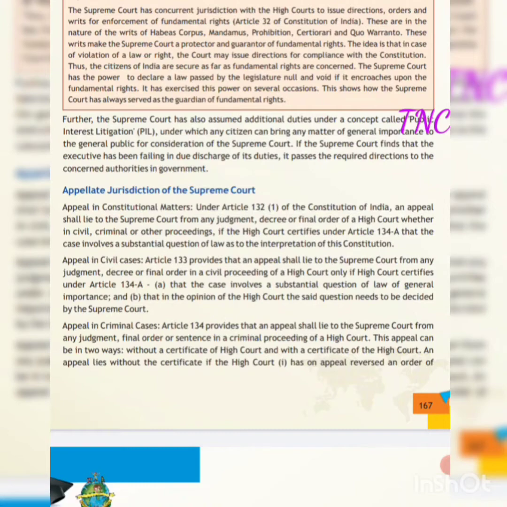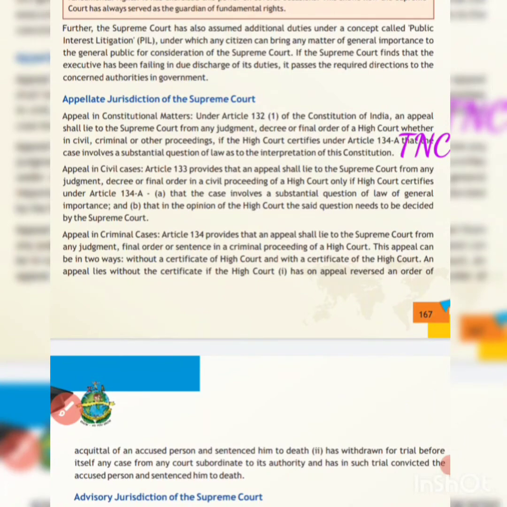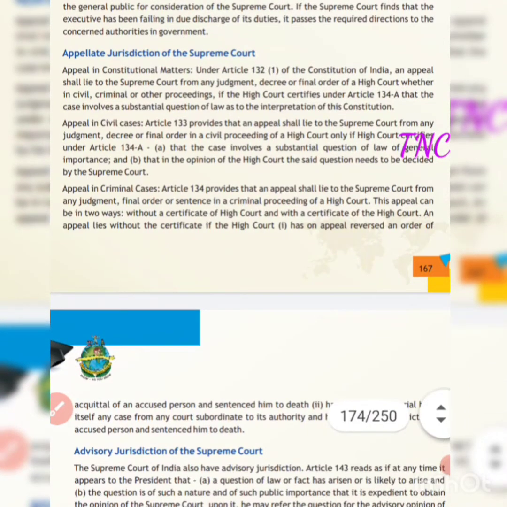Okay, an appeal lies without the certificate if High Court has on appeal reversed an order of acquittal of an accused person and sentenced him to death. Now please understand this.